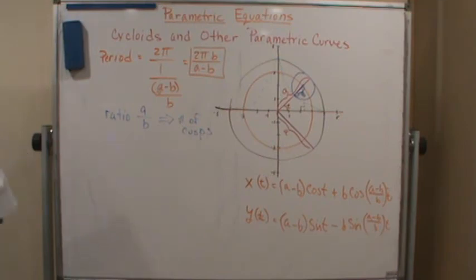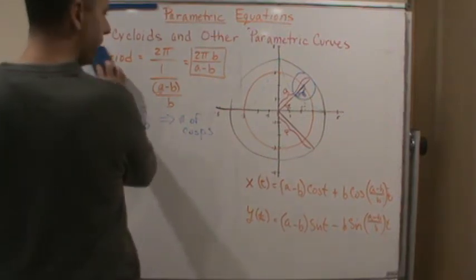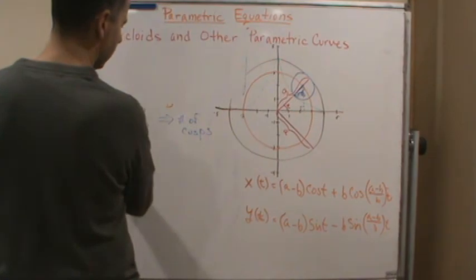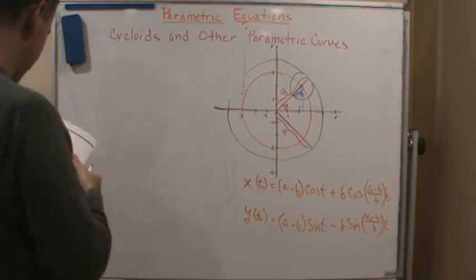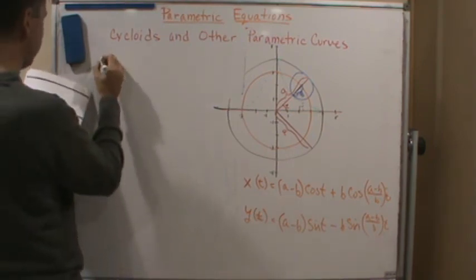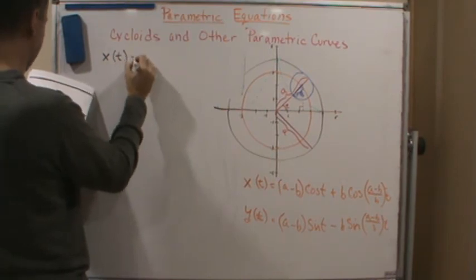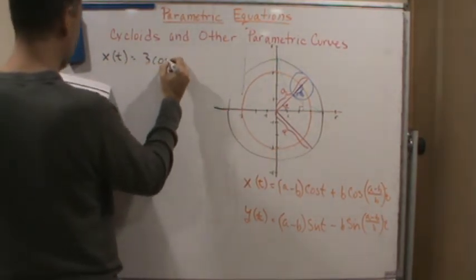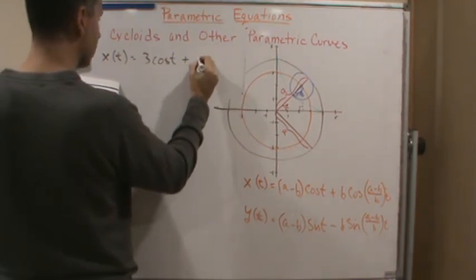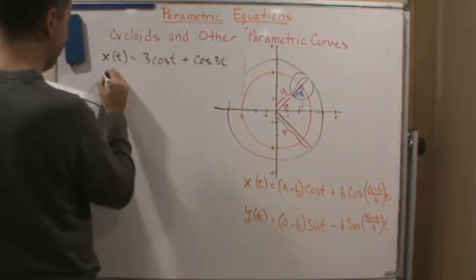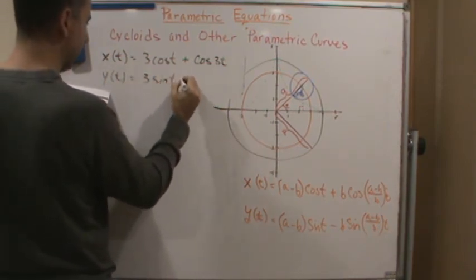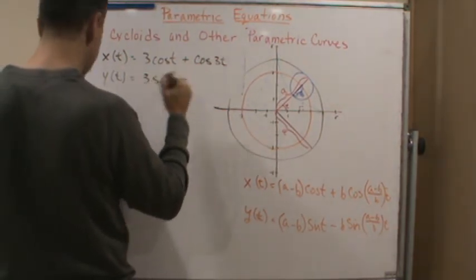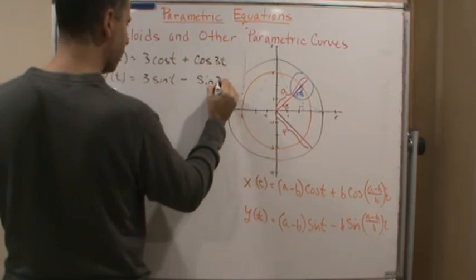So for example, let's see, I have one. This one might give you something like this. If I have parametric equations that are x of t equal to 3 cosine t plus cosine 3t, and then y of t equals 3 sine t minus, that's right, minus sine 3t.